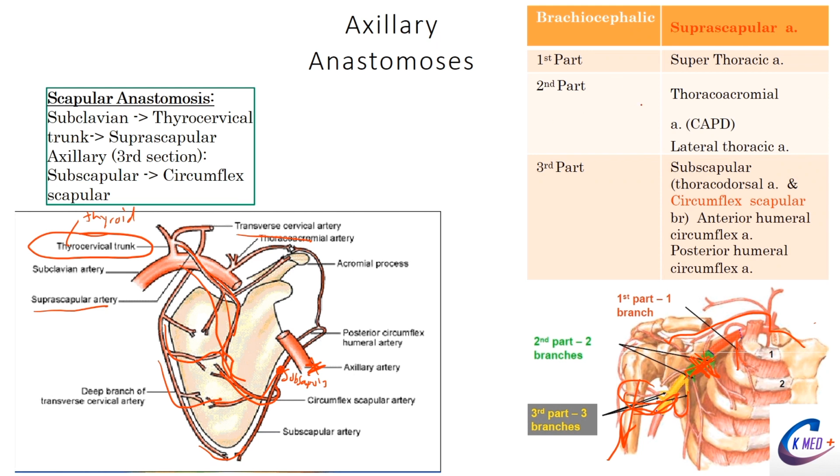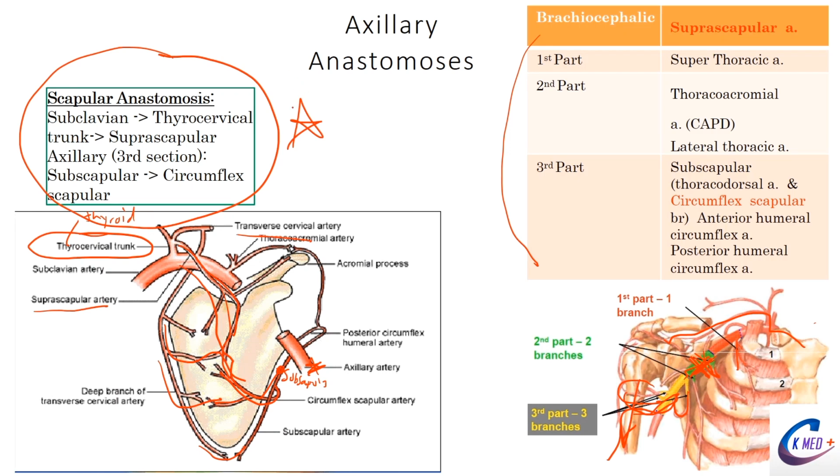So again, this is pointing out the important parts here, but as far as our scapular anastomosis, please remember this box right here. This is going to save your life to make sure you pick at least one of these correct arteries here. So if I have an occlusion of my second part of my axillary artery, how does the arm get blood?